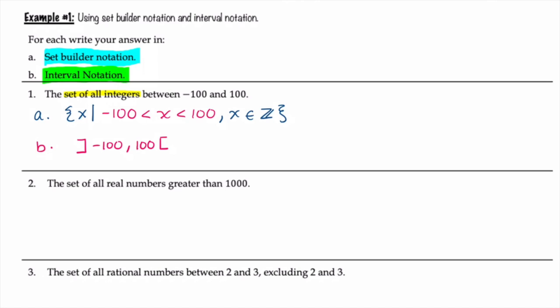Question 2 starts off by saying the set of all real numbers that are greater than 1000. So we are going to start with part A, which would be curly brace, x such that. We're going to input our inequality, in this case, numbers that are greater than 1000.